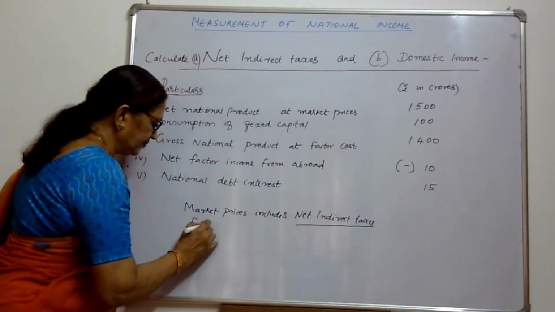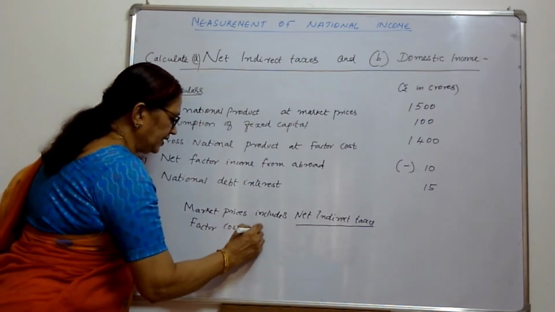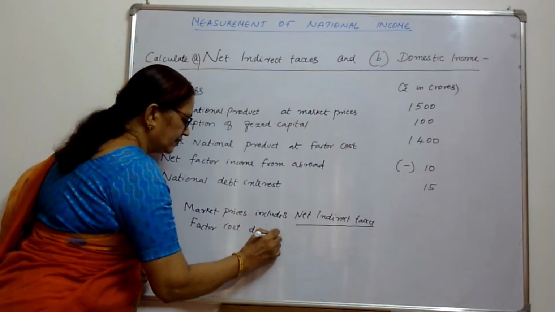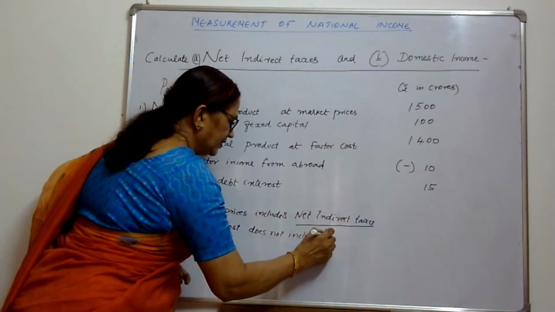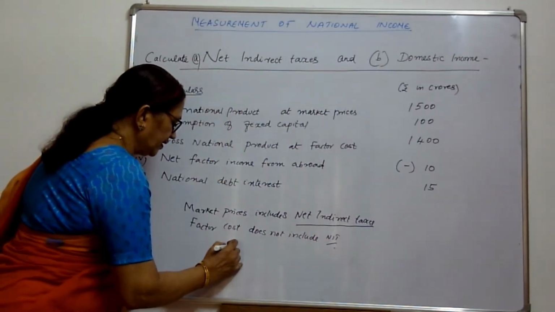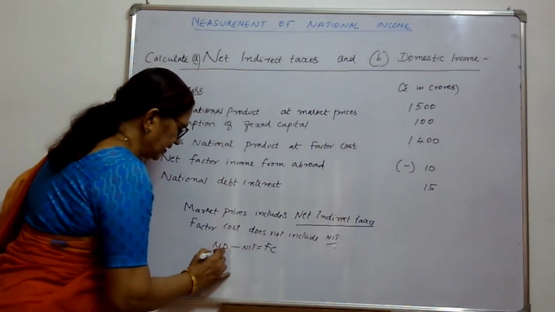Factor cost does not include net indirect taxes. Market price minus net indirect tax, we will get factor cost.